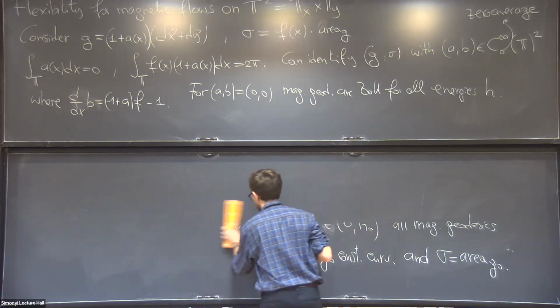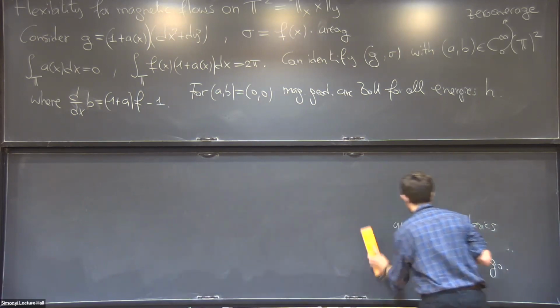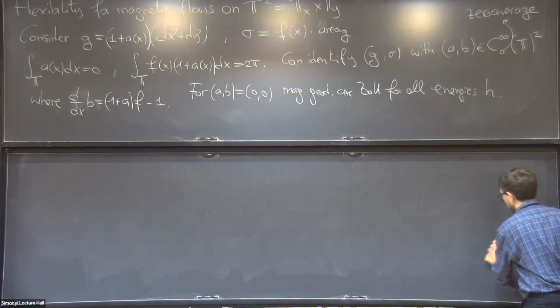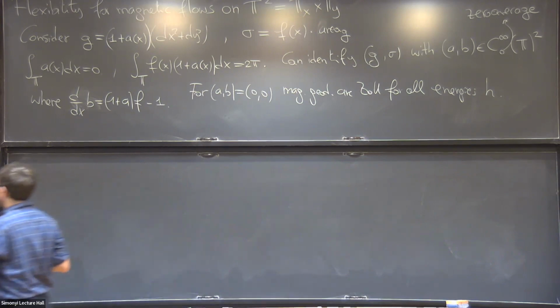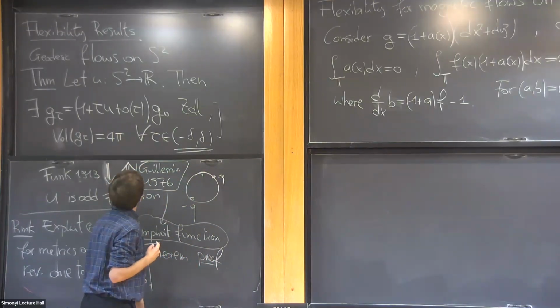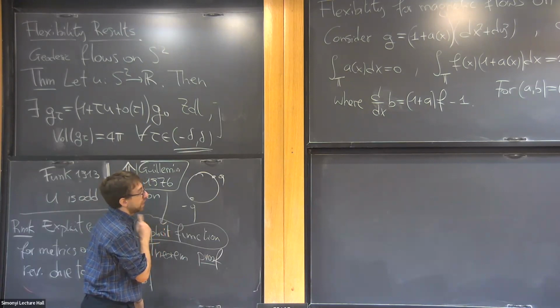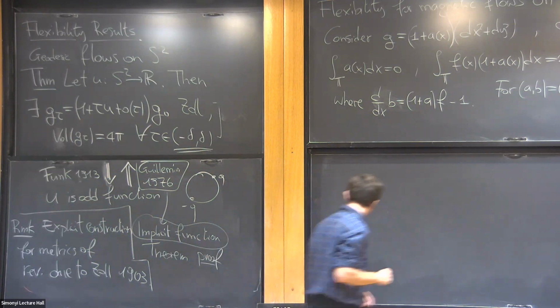Let's see. So I want to define what are odd functions in this case. To do so, let me comment on how we can find odd functions in this case from a variational point of view. Let's say this is done using the Radon transform. Maybe I want to do this here.